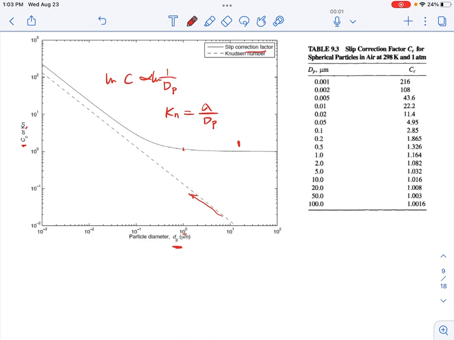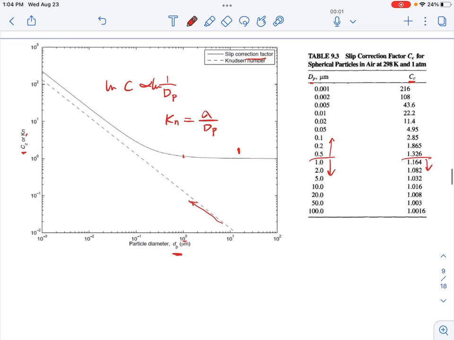And here is further showing you some values of how the Cunningham slip correction factor depends on the particle size. You can see when the particle size is above 1 micron, when we're talking about dust particles, sea spray aerosols or pollen particles, then their slip correction factor is close to 1. But when we get to the submicron particles, where most of the particles, in terms of number, are distributed, then we have to consider the Cunningham slip correction factor.